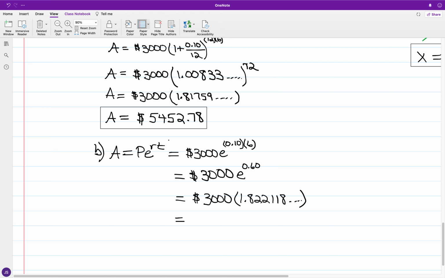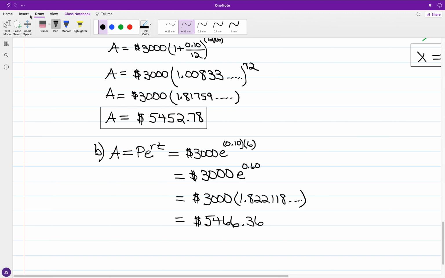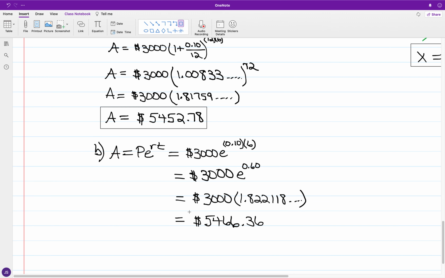Okay, so for the monthly, again, you have the balance after 6 years to be 5452.78, and with maxing out the frequency of the compounding to continuous, we're going to have a little bit higher, in fact between $13 and $14 higher, where we had the balance to be 5466.36. And again, you have a little bit of a difference in this one.